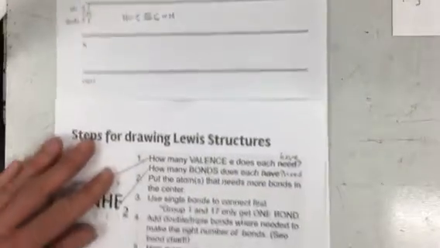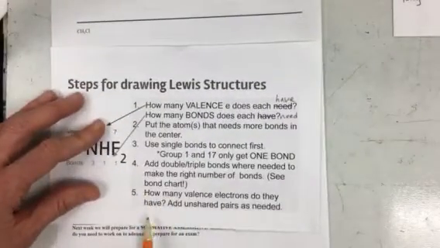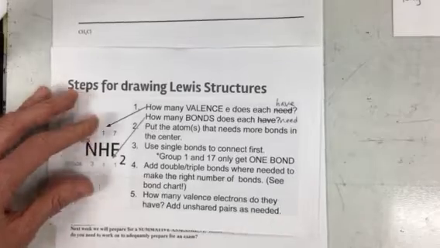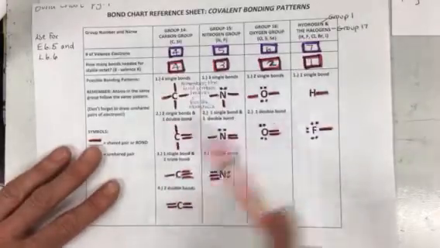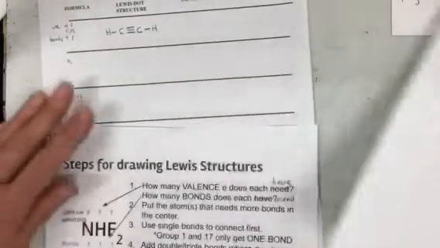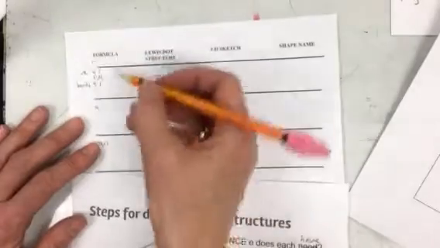Next, I want to double check how many valence electrons they have and add unshared pairs as needed. Maybe you're starting to realize that carbon never has any unshared pairs. I don't see any dots here, and neither does hydrogen. But let's see why.